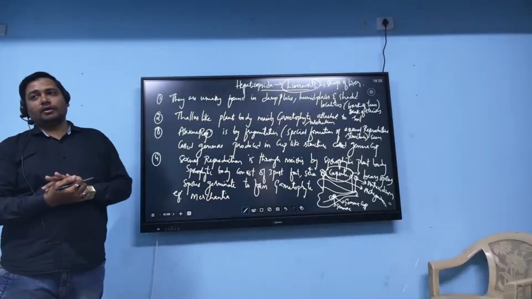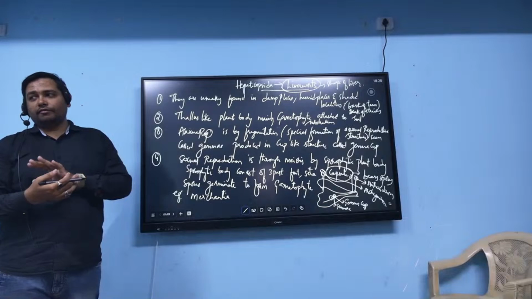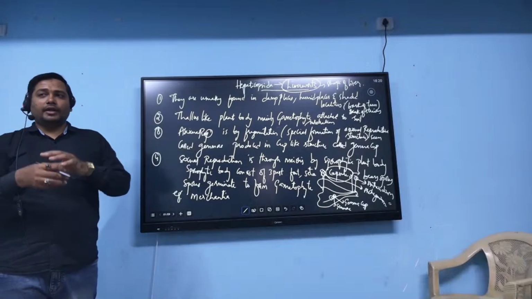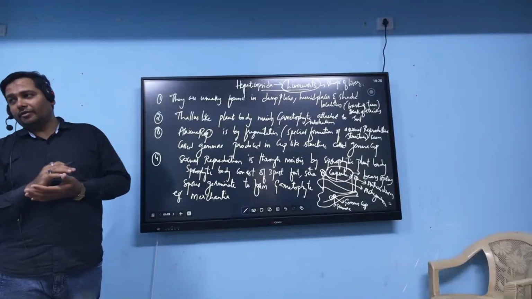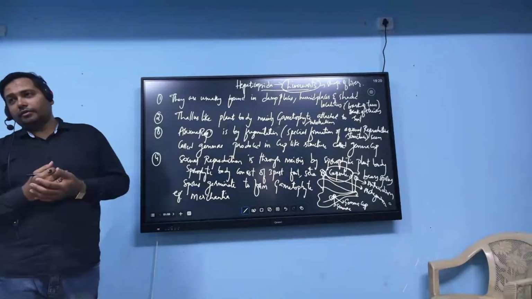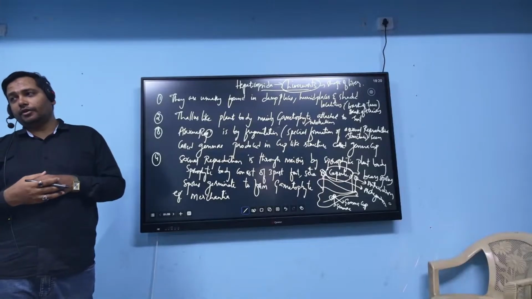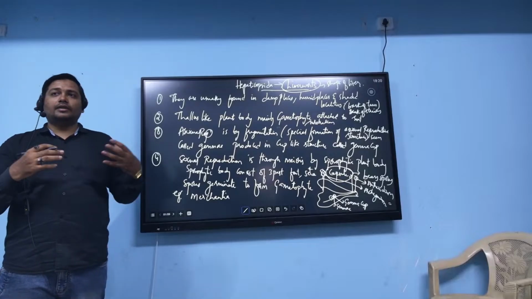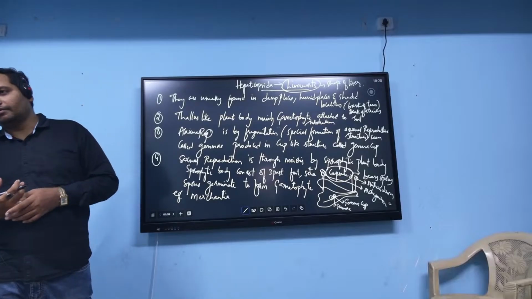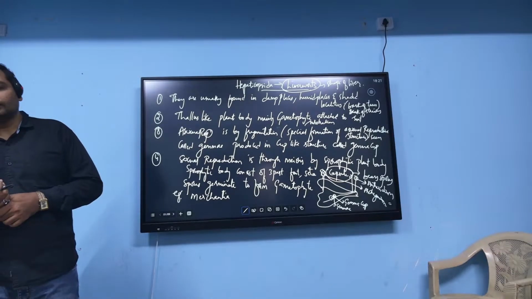Zygote will be formed. From the zygote, a sporophyte will be produced. That sporophyte will not grow; instead, it will undergo meiotic division. When it undergoes meiotic division, spores will be produced. Those spores will get converted into gametophytes, and again they are ready for the continuation of the life cycle. Is that clear? Yes, you can take down first.